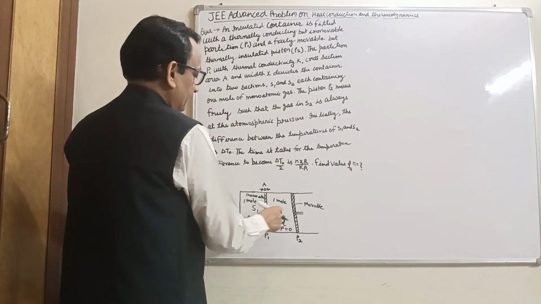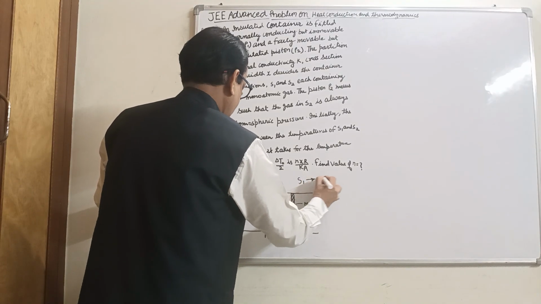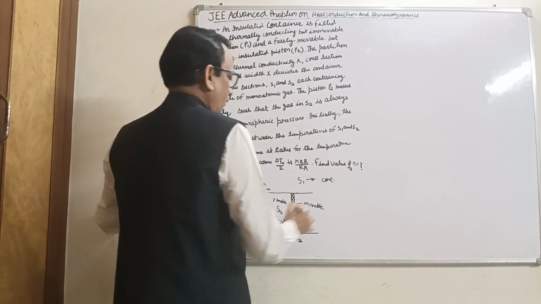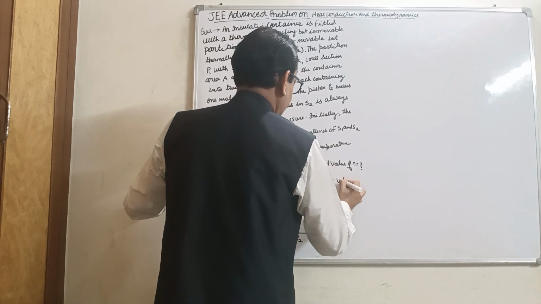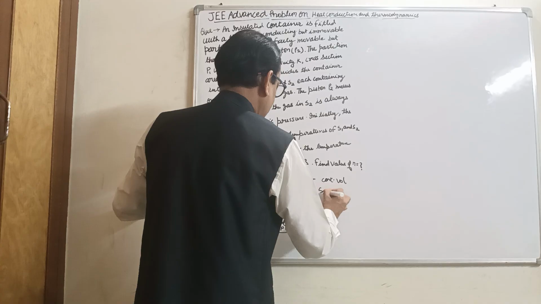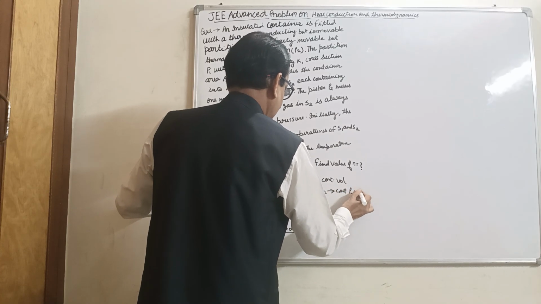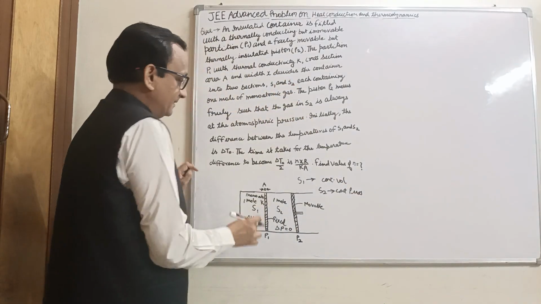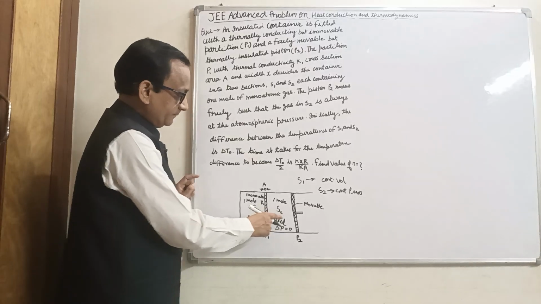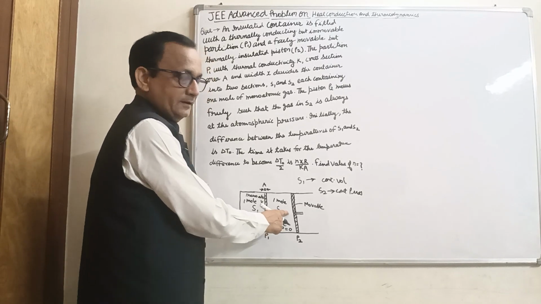The process in system S1 is a constant volume process, or isochoric process, and system 2 is a constant pressure process, because the question says the pressure is always atmospheric.